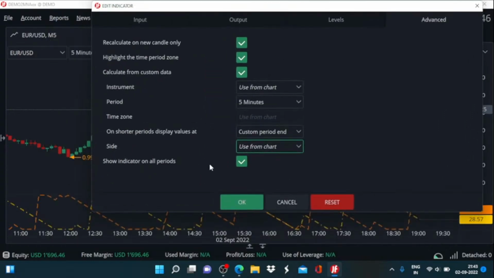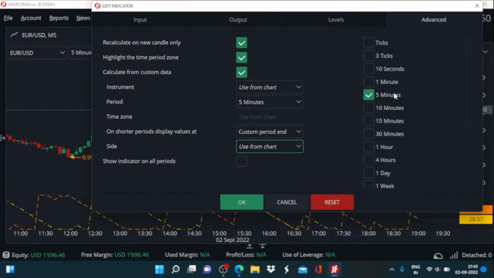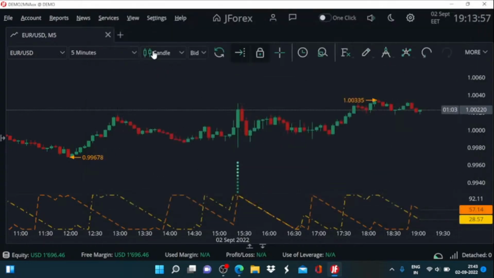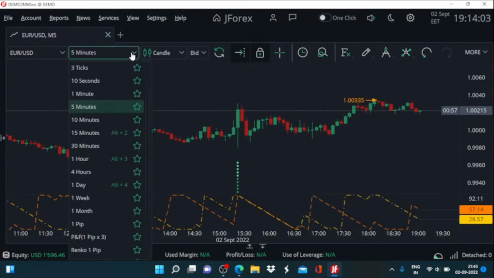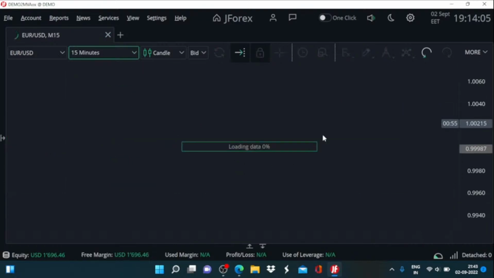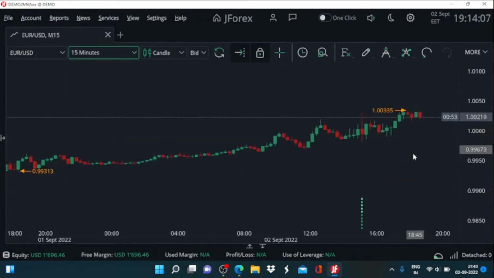As we have this indicator set to be shown on all candle periods, it will be plotted. But if I now say that this indicator needs to be plotted only on 5 minutes, as on a larger time frame it doesn't really make sense to have the AROON indicator based on 5 minutes plotted, then if and when I change the calculation period, the indicator won't show up. And the important thing to remember is that for the 15-minute candle period, you can add a different indicator.